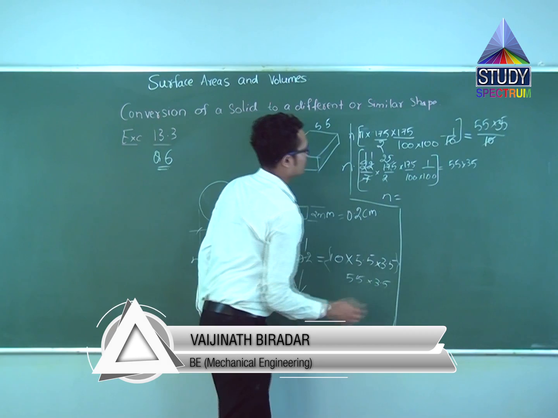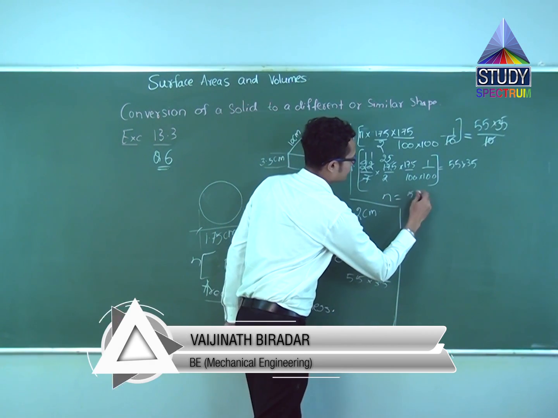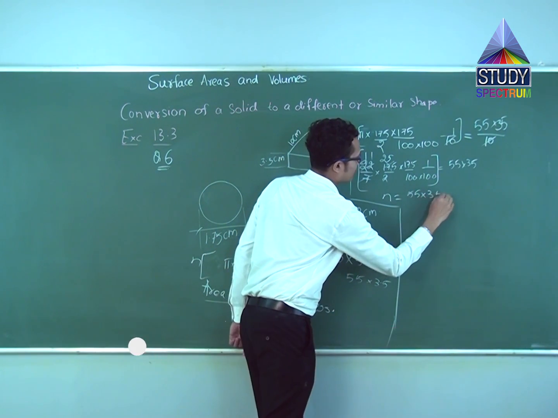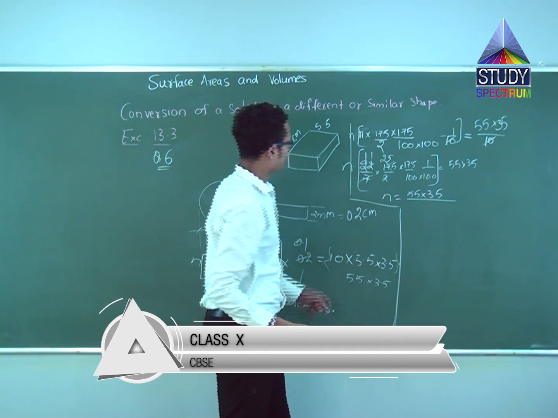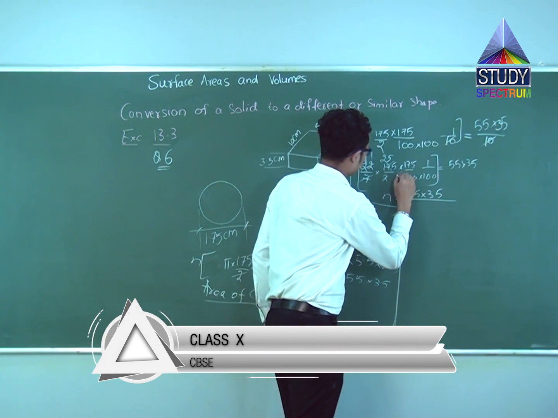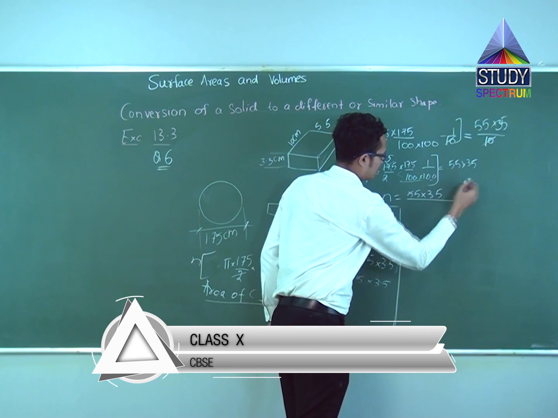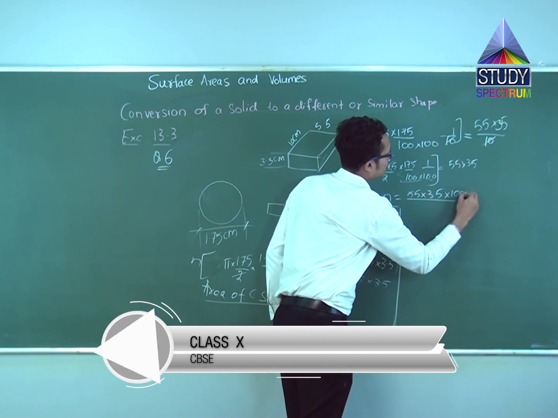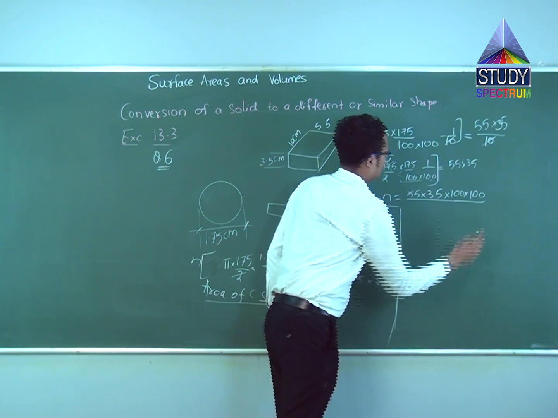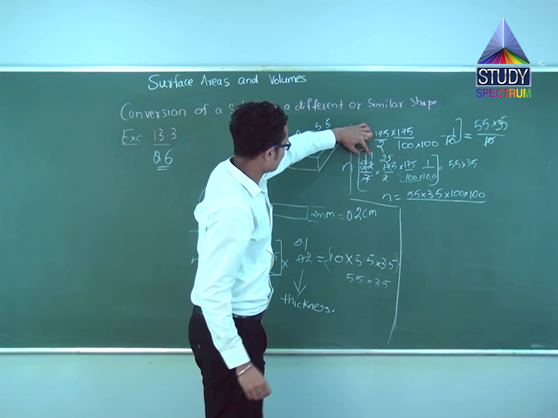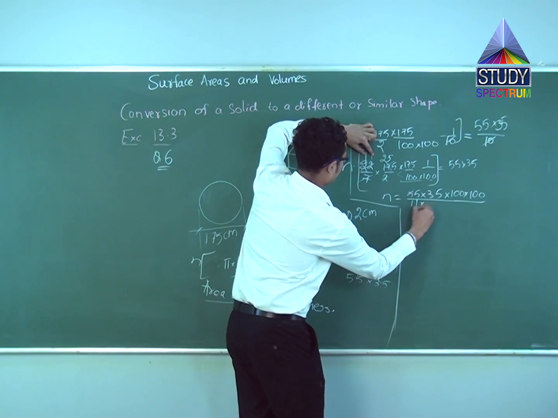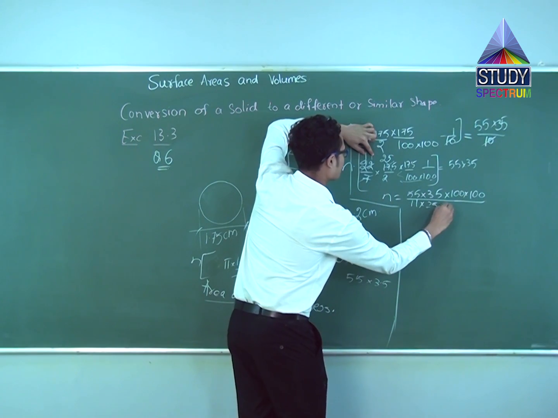N equal to 55 into 35 whole divided by, and also I can take these 2 hundreds into the numerator, into 100, divided by what is remaining here? 11, 25 and 175.